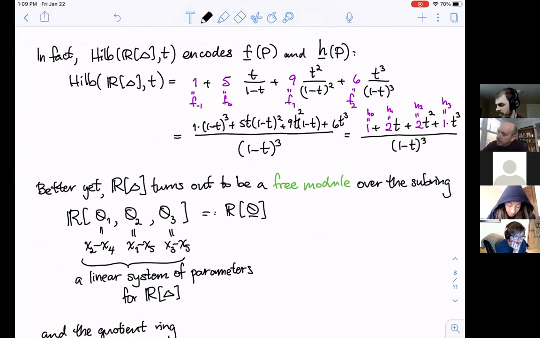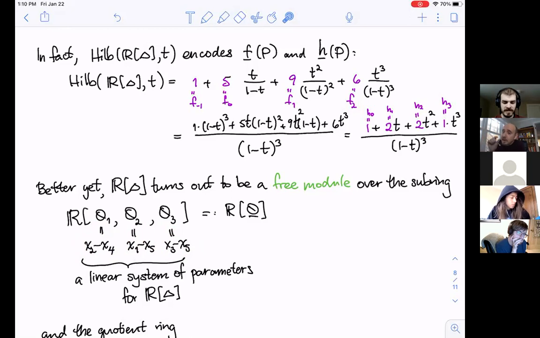Okay. So, in fact, this 1 over 1 minus t cubed actually looks like it could be the Hilbert series of a polynomial ring in 3 degree 1 variables. I'm going to take these 3 elements, I'm going to call them theta 1, theta 2, theta 3, that are of degree 1 in my Stanley-Reisner ring.